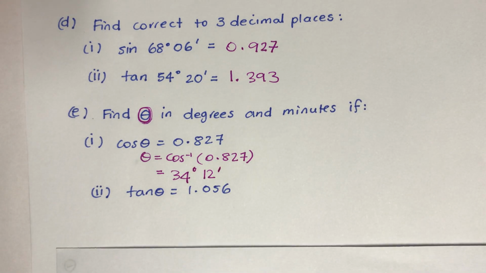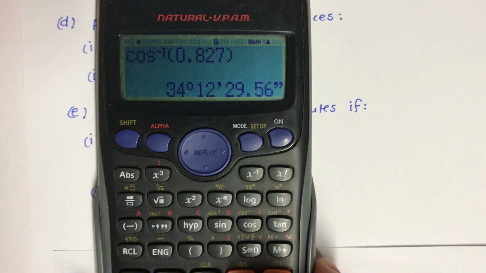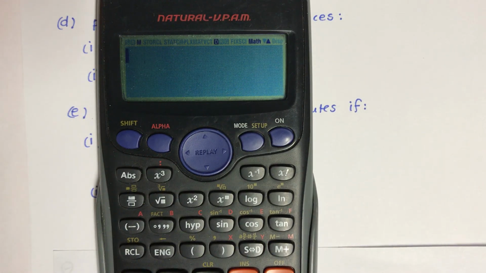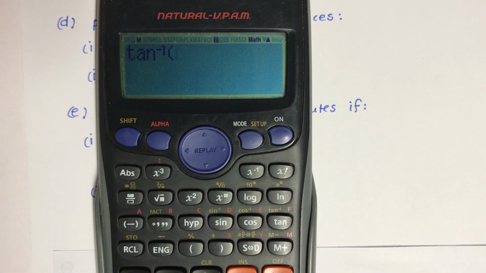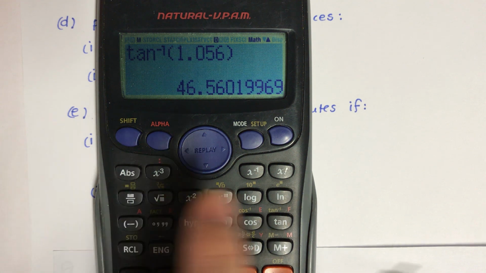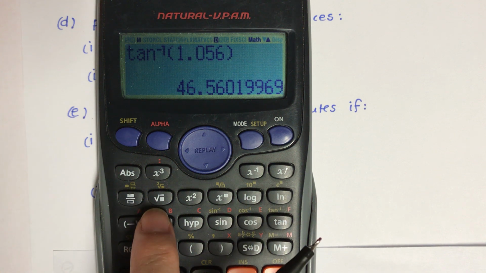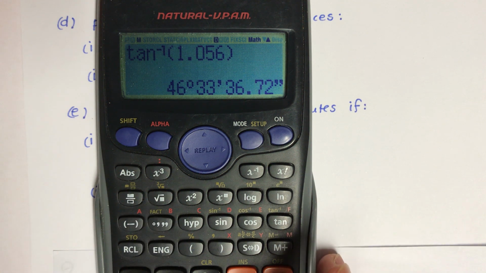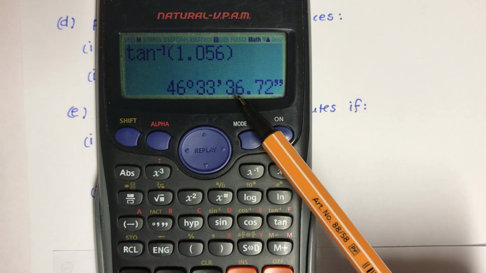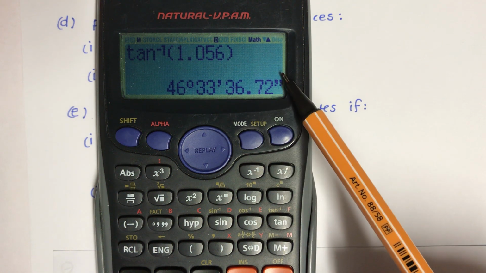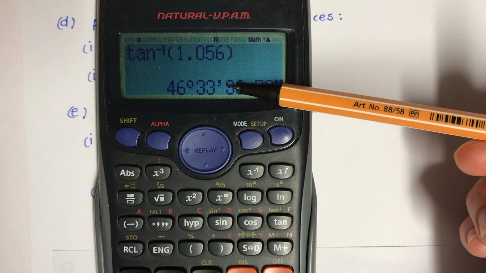Okay, so I'm going to do the same thing for tangent. I'm going to clear that up. So I'm going to go shift tan 1.056, close that, and equals. Again, it's in decimal. I don't want that in decimal. I want a DMS. So here is 46 degrees and 33 minutes and 36.72 seconds, and we need to go just up to minutes.